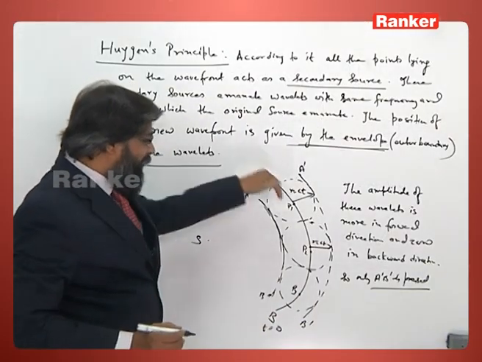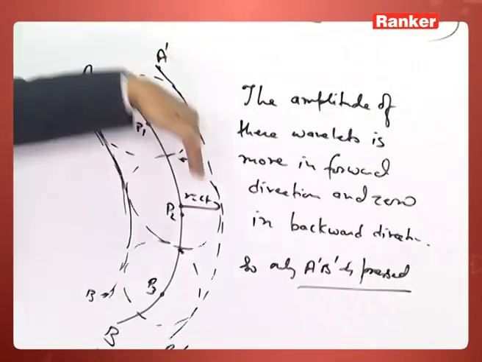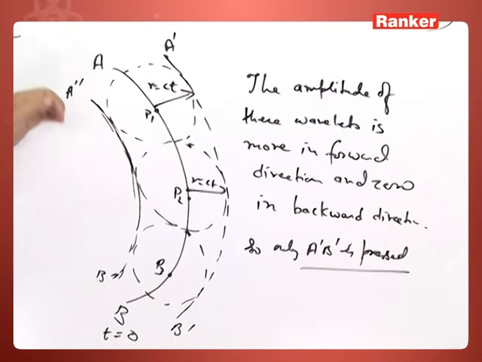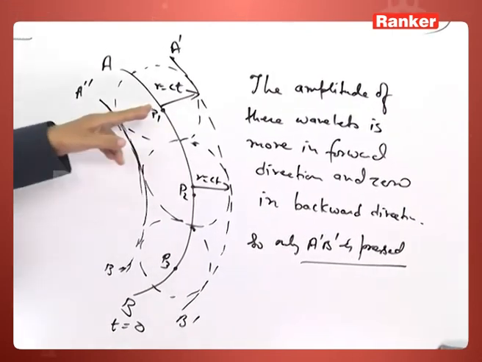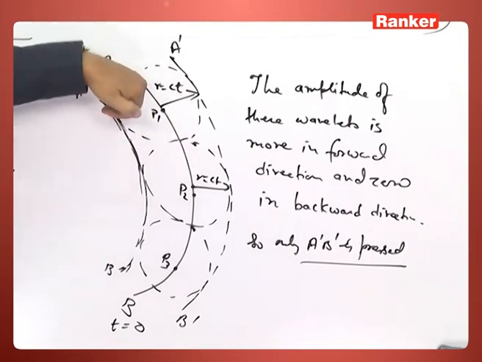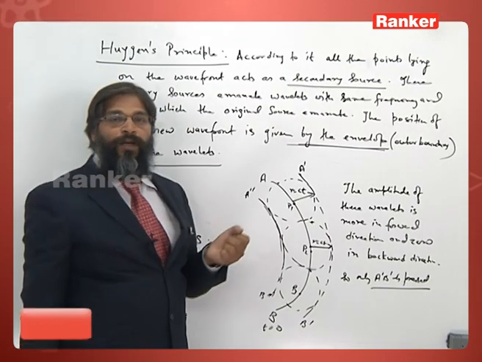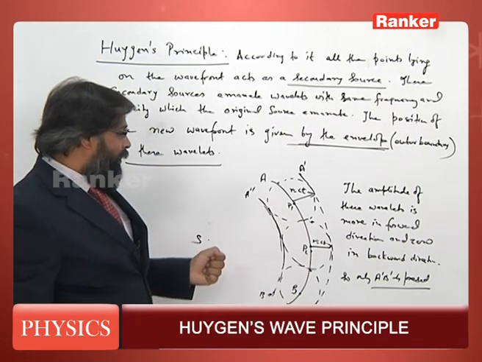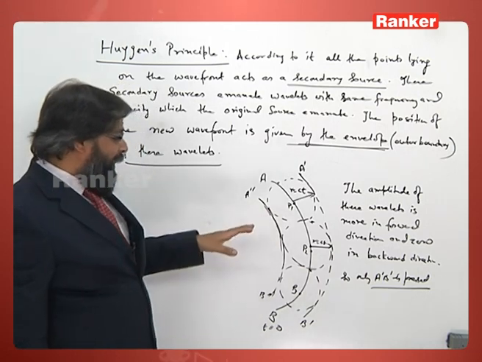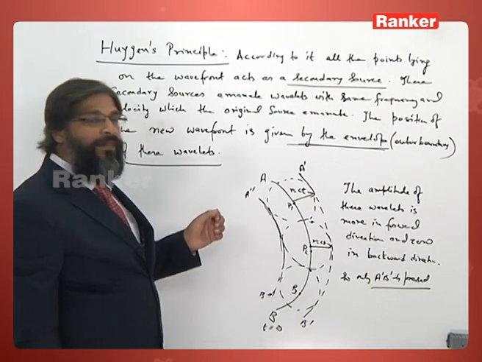That means if at t equal to 0, AB is the wavefront, then after further time t, the wavefront has moved a further distance to A dash B dash. He further said that this back wave is absent because the amplitude of waves in forward direction is more, and as you go around it is less, and in backward direction it is 0. So this is how he explains the absence of back wave. However, this explanation was not satisfactory. Anyway, in advanced wave theory, it was explained by Fresnel why these back waves are absent.